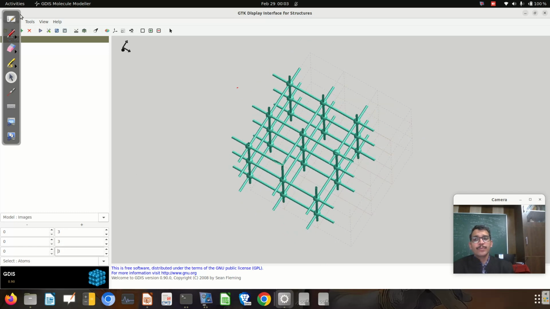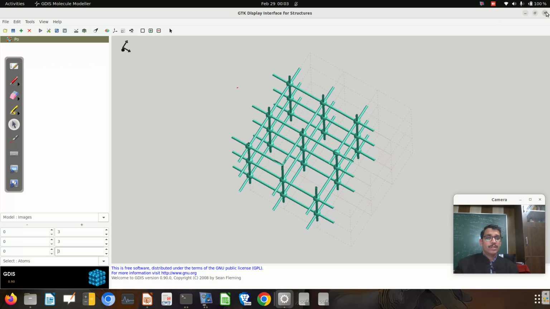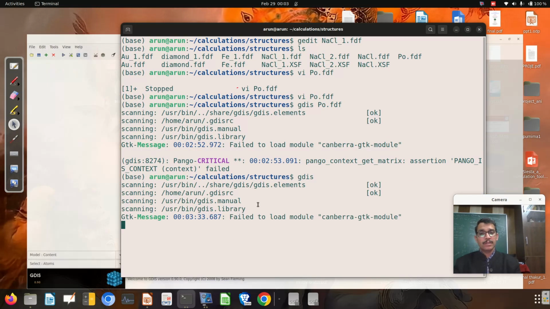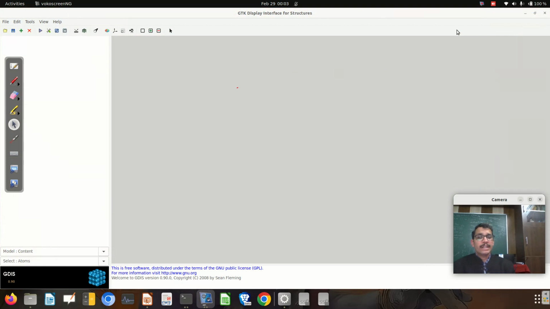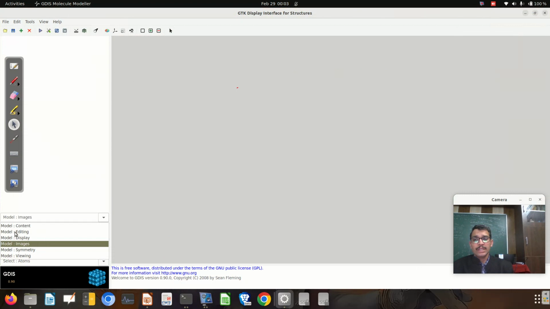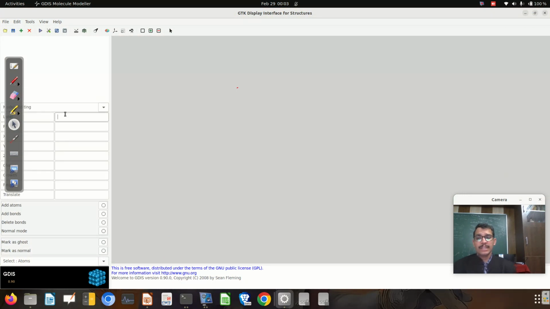We can also make an FDF file or a CIF file using this. For that, let me open GDIS somewhere. In GDIS, if I take one atom, I go to the new model, then add atom.